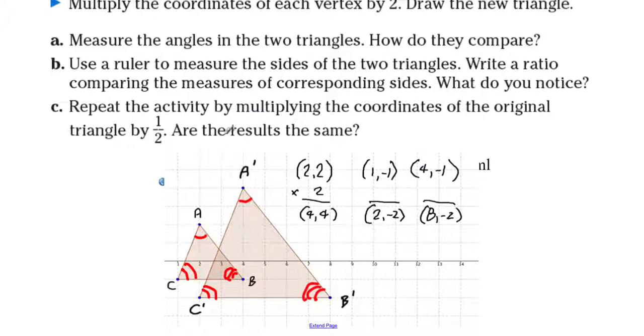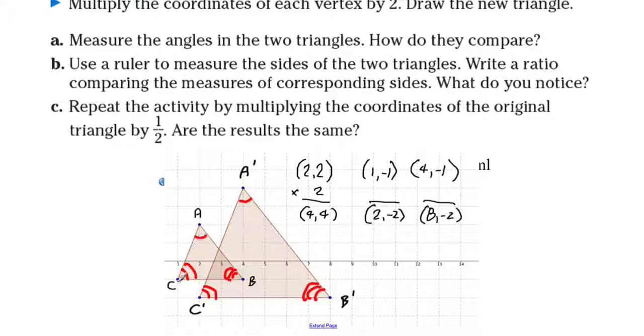Use a ruler to measure the size of the two triangles. Write the ratio comparing the measures of the corresponding sides. What do you notice? If I measure this with a ruler, you will find out that the ratios are the same.